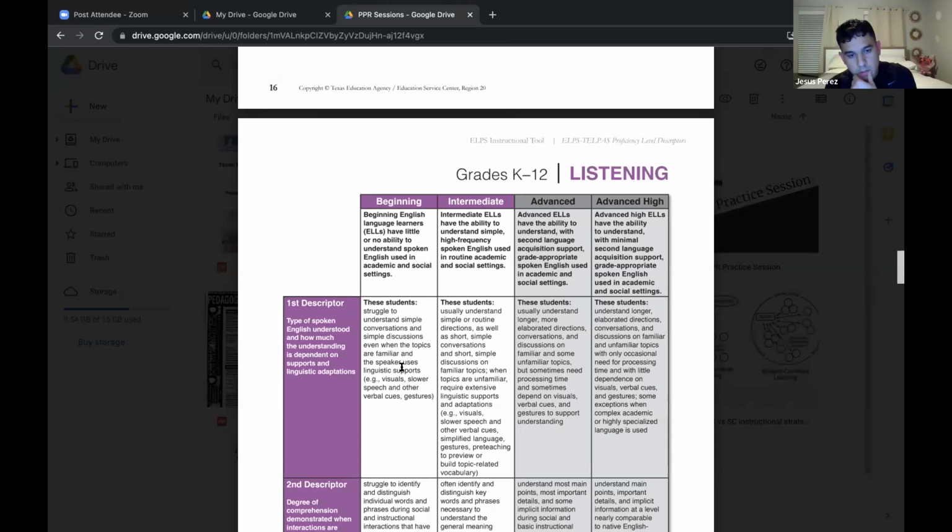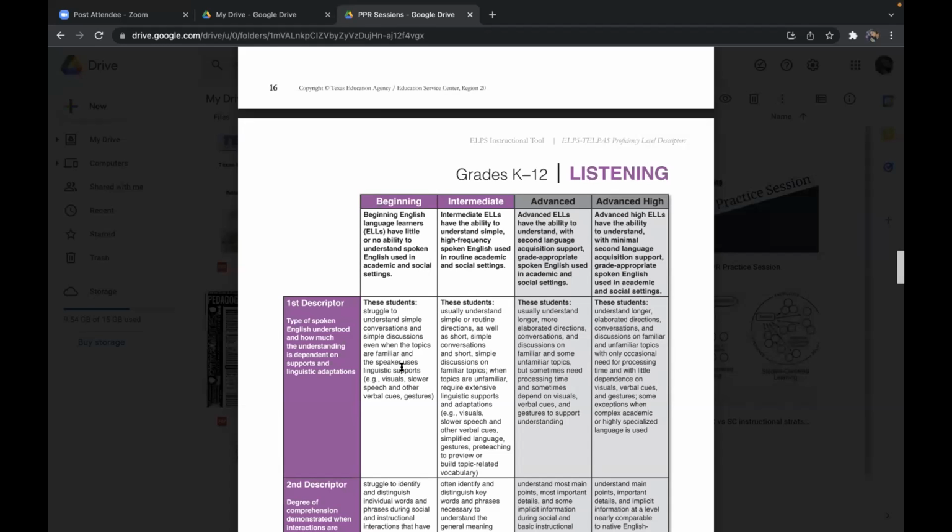What moves them from beginner to intermediate to advanced high is not grade level. It is their ability to speak and to listen and to understand. So once you understand that all beginners, whether they're in 3rd grade or in 12th grade, we assign them as beginners based on how much they can understand from listening.